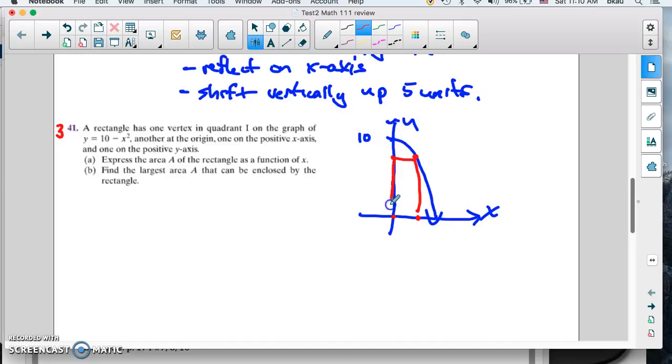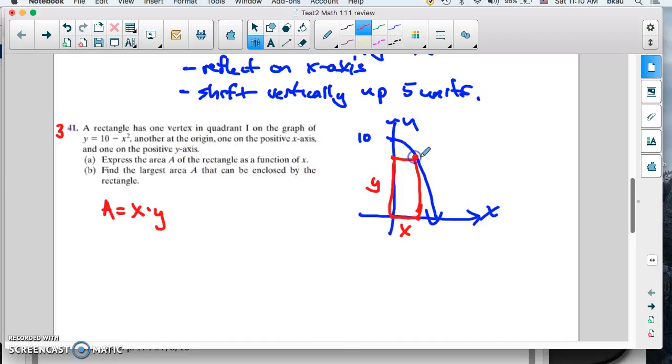If we look at that rectangle and its dimensions, they would be an x value down here and a y value up here. So the area of the rectangle is x times y. Now we're going to want to change this y value to relate to the x value so we can write it as a function of x.